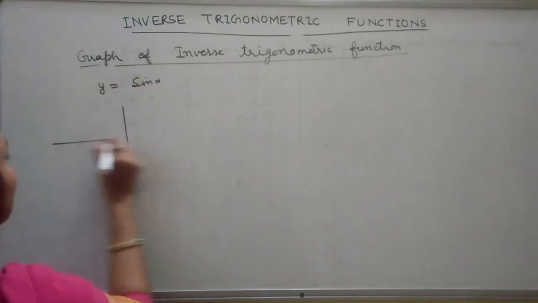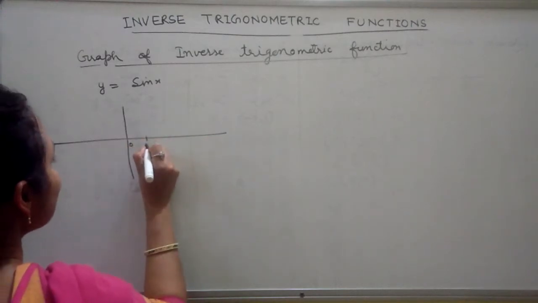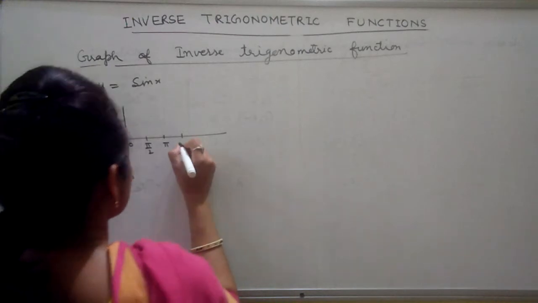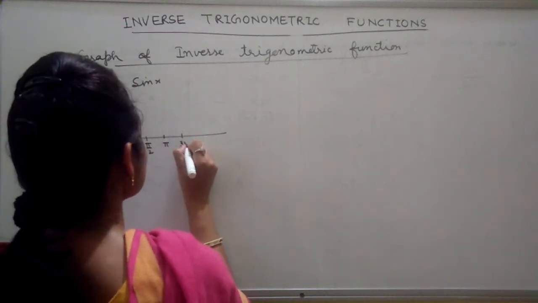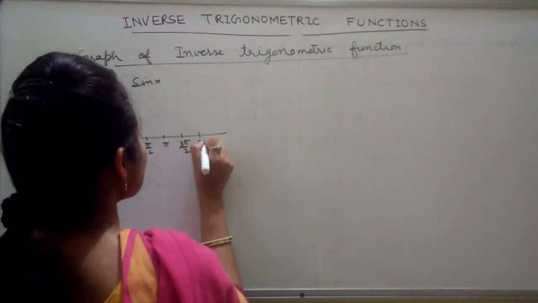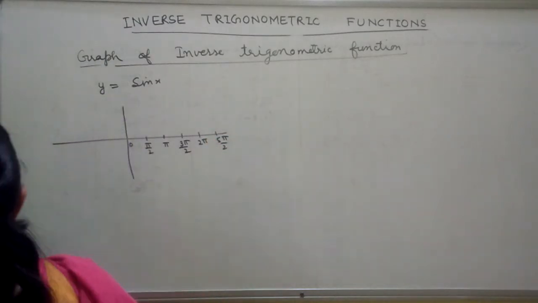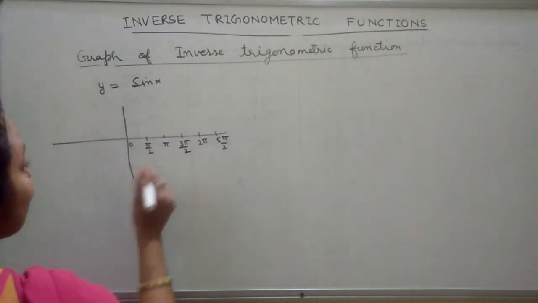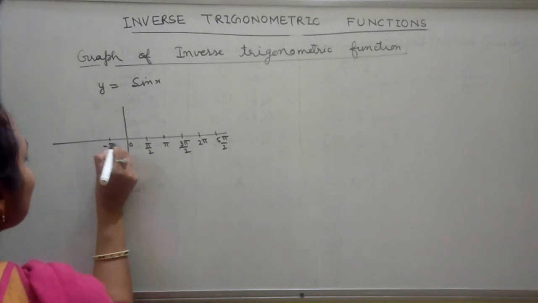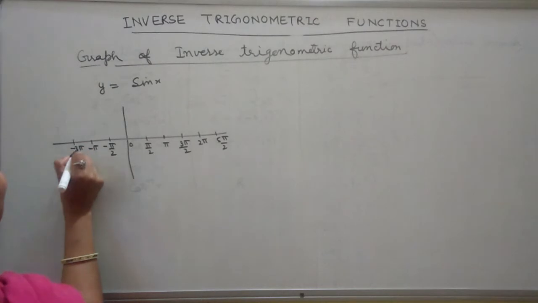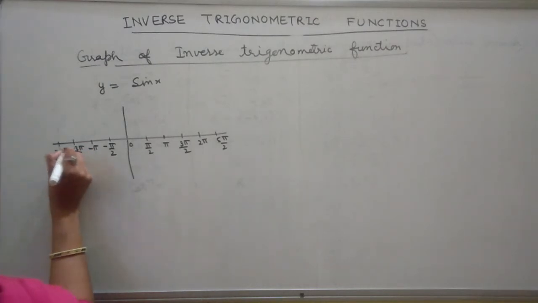Here we have 0, then pi by 2, then pi, then 3 pi by 2, then 2 pi, then 5 pi by 2, right? Next, this is minus pi by 2, minus pi, minus 3 pi by 2, minus 2 pi. Leave as it is.